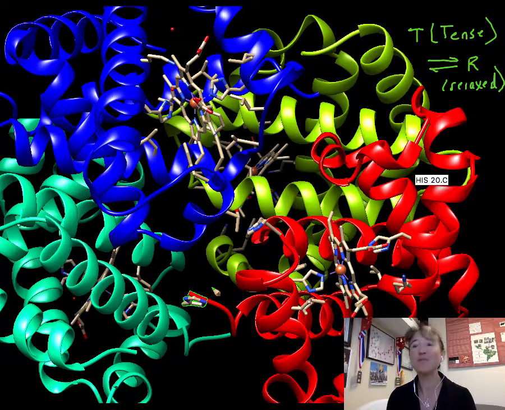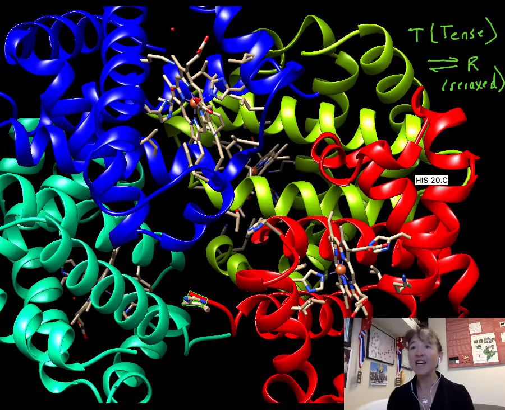Now, there's been a ton of debate in the method that this occurs. That is, people have for a long time debated when one oxygen binds to one subunit of hemoglobin, and we see all of these shifts at the interfaces, does that just immediately cause every single one of the other three subunits to go from being in the tensed form to being in the relaxed form?